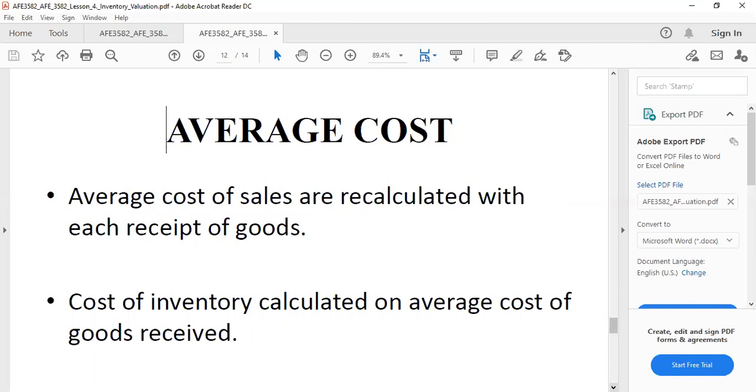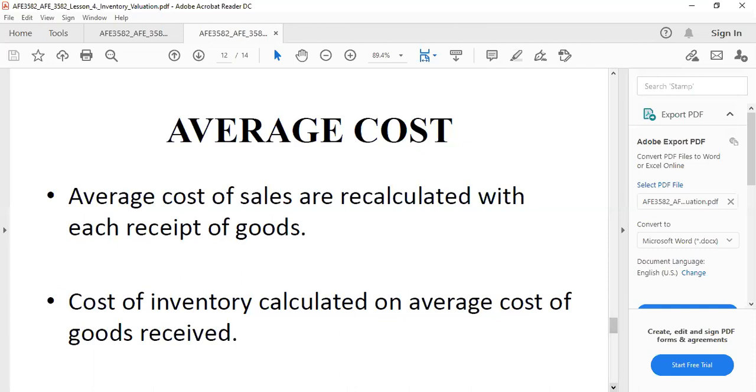Now, how do you do this? You issue them out. Remember that we said that we issue out our inventory using the cost prices, right? Now with the average cost, because we have different kinds of cost prices and we are not focusing on which one came in first and which one came out last, we need to calculate the average cost.